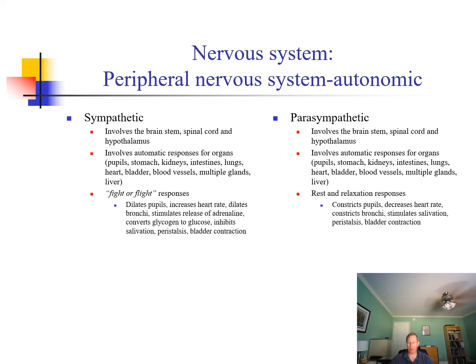So the easy way to remember whether it is sympathetic or parasympathetic is if you had some sort of potential or perceived threat, you would try to run away from that or you would try to fight it. What would you need in order to do that? You'd want to be able to see it as best possible. You would want to dilate your pupils.